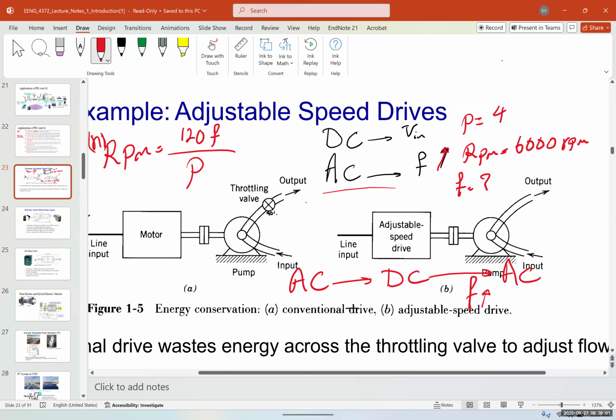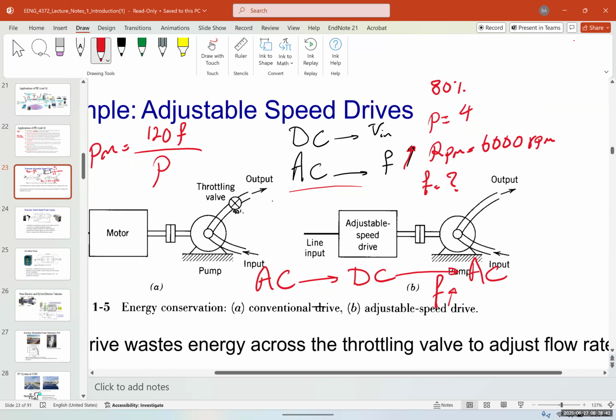What would F be? And this is when the motor is running at, let's say, 80%. So the number of poles is 4, the RPM is 6,000. What is our frequency? You got 200. Okay.